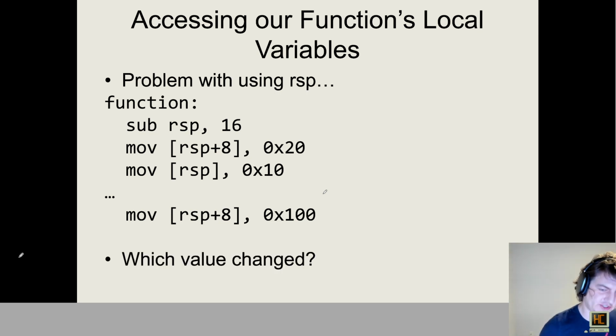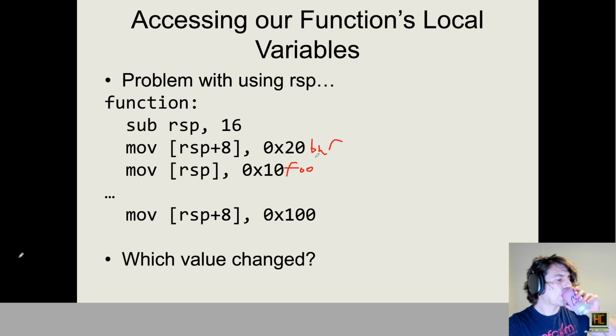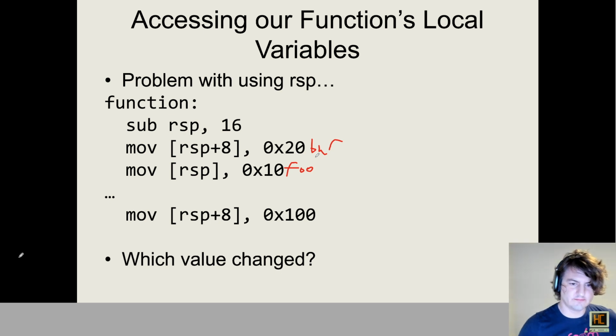So which value changed, foo or bar? Remember, let's just say this is bar and this one's foo. Bar changed. Why did bar change?